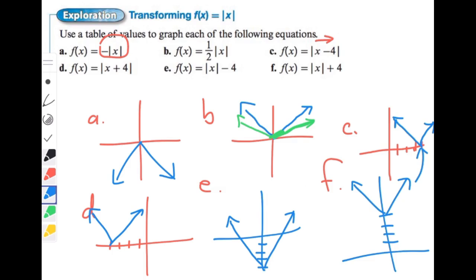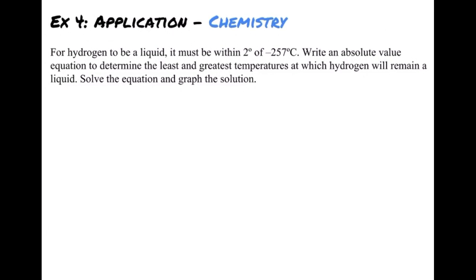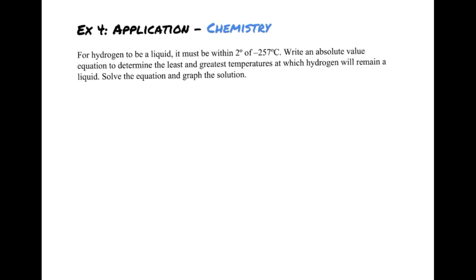Okay? And then just one more problem here, looking at chemistry. For hydrogen to be a liquid, it must be within 2 degrees of -257 degrees Celsius. Write an absolute value equation to determine the least and greatest temperatures at which hydrogen will remain a liquid. Solve the equation.